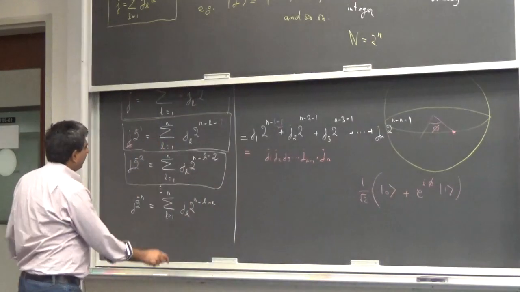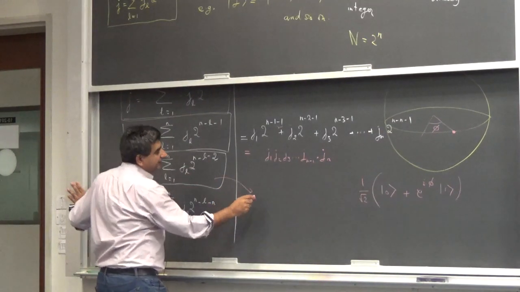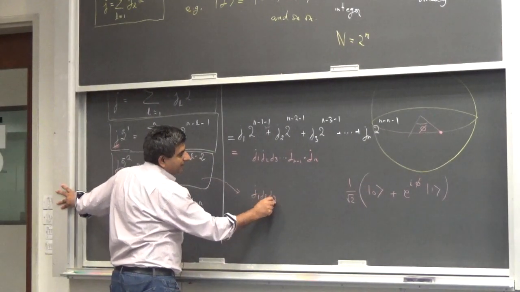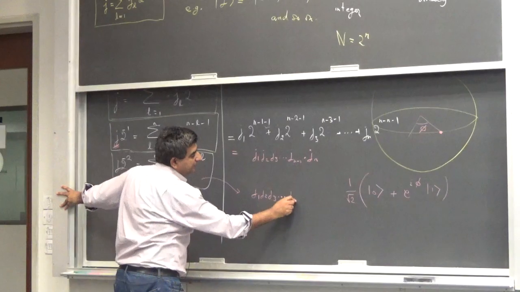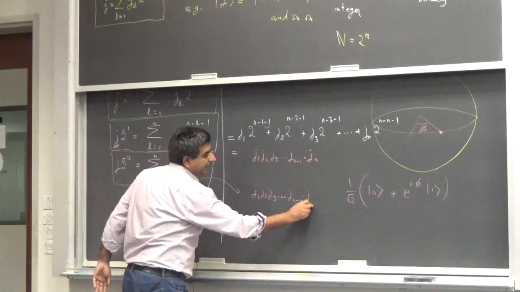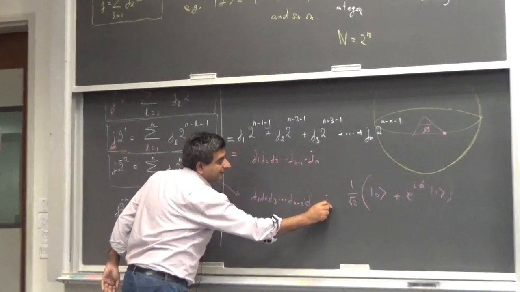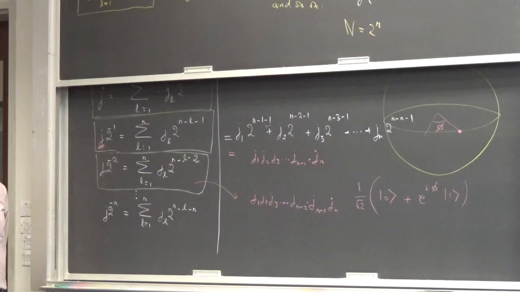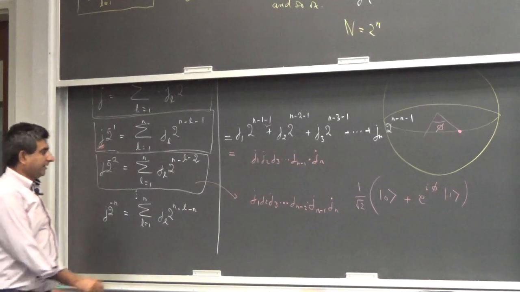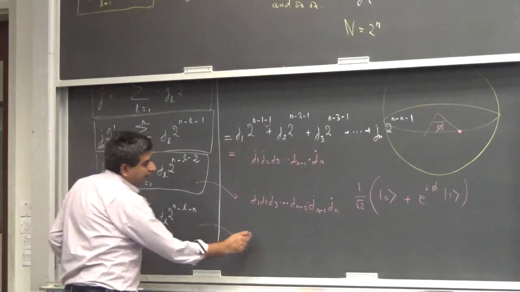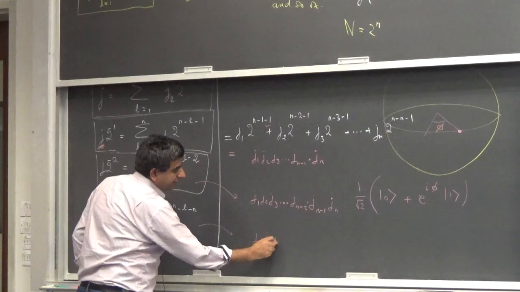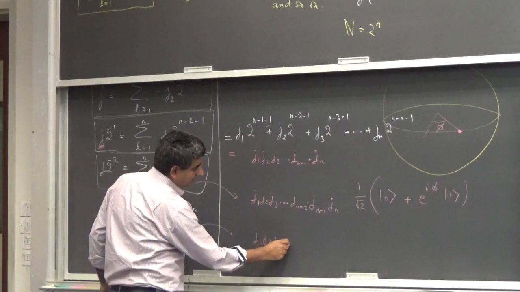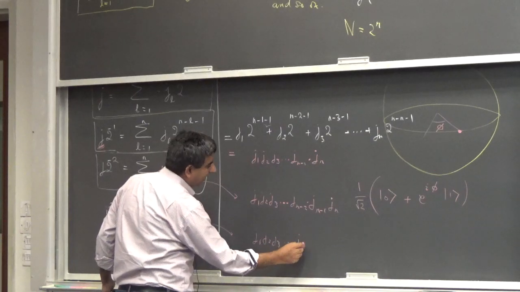This term likewise in its binary form is going to look like the following: Jn minus 2 dot Jn minus 1 Jn. Correct? And so on. This term, J1, J2, J3, I think so.